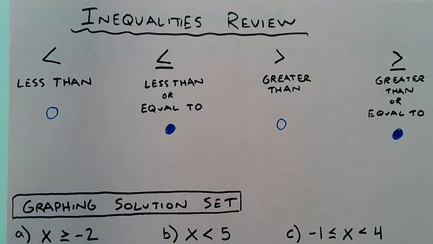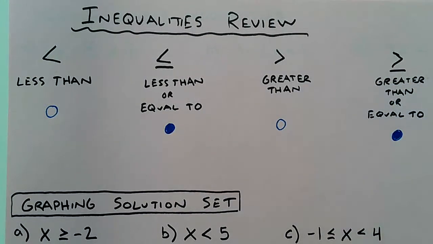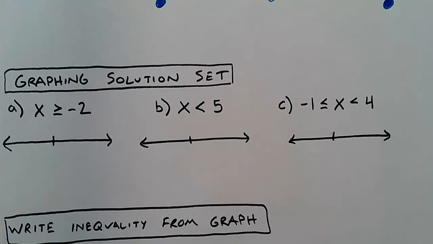This differs from the less than or equal to symbol, the less than symbol with the line underneath, representing that it can also be equal to, so it can satisfy one or the other. We fill that circle in because it includes that boundary point. Greater than, open circle, doesn't include the boundary point. Greater than or equal to includes the boundary point, so we shade it. Let's review that in graphing solution sets.